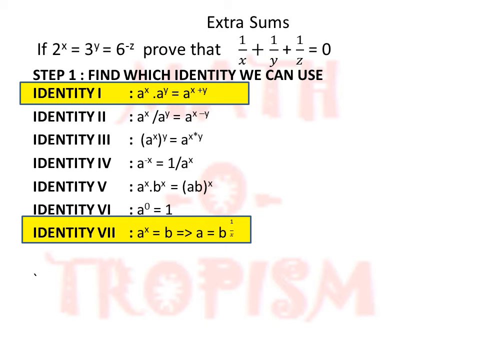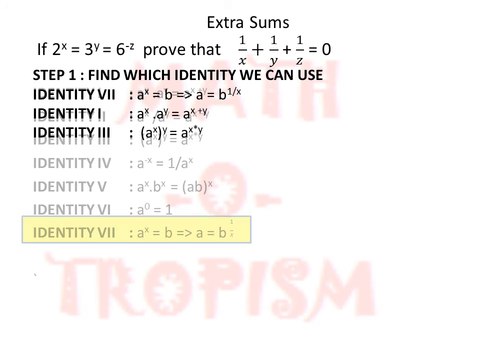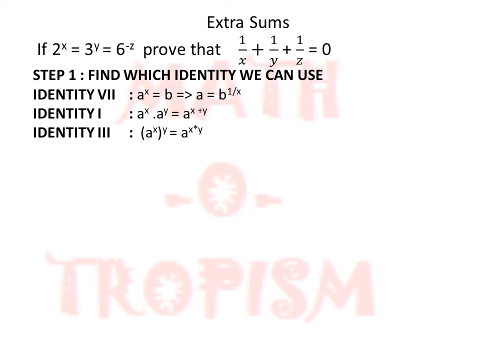Another identity we need is this: when sending x to the right hand side, 6 already has one power, so what happens if two powers are available? 6 power minus z, power of 1 by x is going to come. It is similar to identity 3, where a power x power y is equal to a power x into y. So something power to the whole power is nothing but both the powers getting multiplied. All these three identities we have identified.